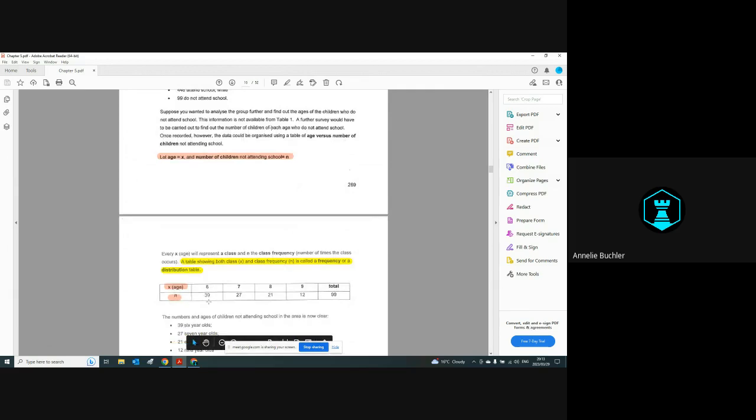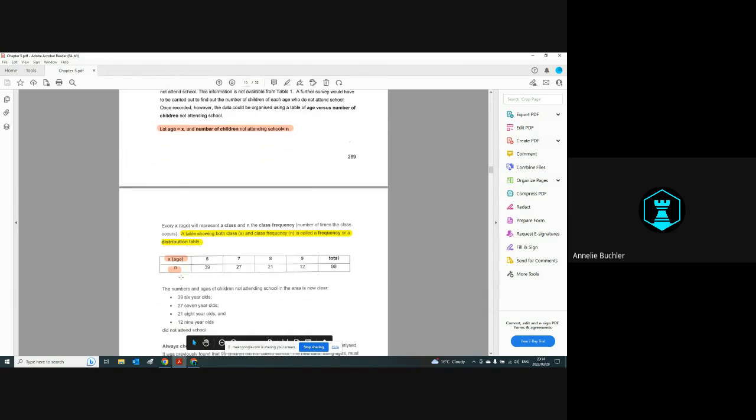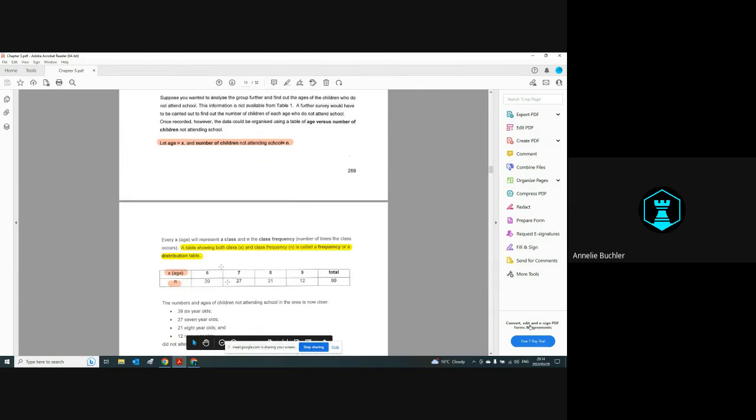They gave you N, the number and ages of children not attending school in the area: 39 6-year-olds, 27 7-year-olds, 21 8-year-olds, 12 9-year-olds. And it's a total of 99 children that do not attend school.